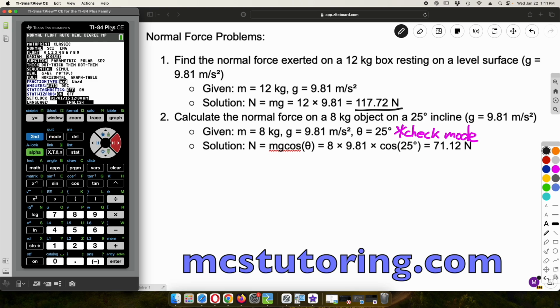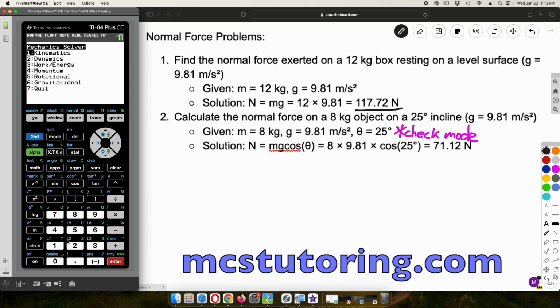It might be different if you have a different version of the TI-84 Plus, but you can toggle between radian and degree. Typically, it's going to be degree, but if it is radian, you know, if you see something like theta is pi over 2, that's typically going to be radians. But make sure you're in degrees, because I did this problem practicing for this, and I had it in the wrong mode. I was getting the wrong answer.